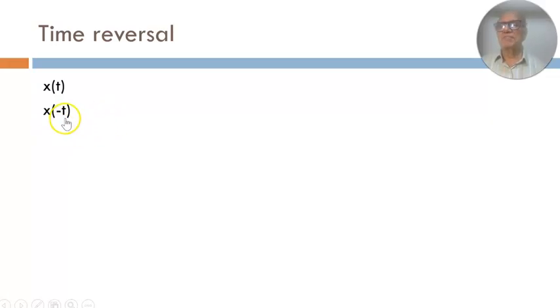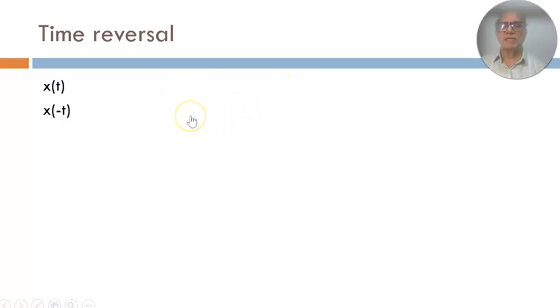And what is the meaning of this? Suppose you plot x(t) as a function of time and then rotate the waveform around the y-axis. Then you will get x(-t). You rotate it through 180 degrees. So essentially, you have an increasing sequence from left to right.